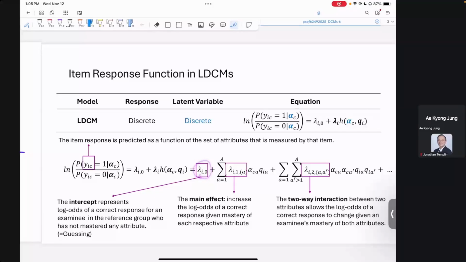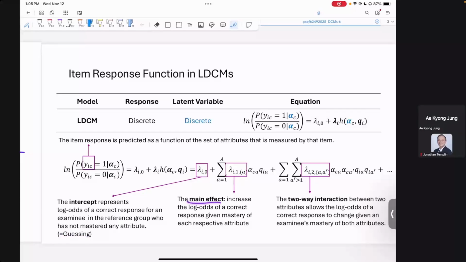This is the intercept, representing the log odds of a correct response for an examinee in the reference group who has not mastered any of the attributes. So these terms related to attributes will be 0 and eliminated. So this is the only term left. So this can be the logit for someone who has not mastered any of the attributes. So that can be a guessing parameter.